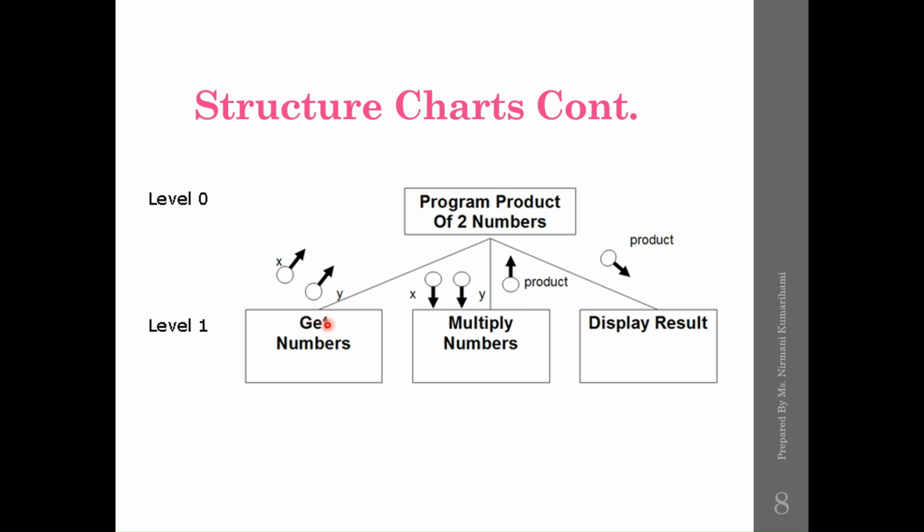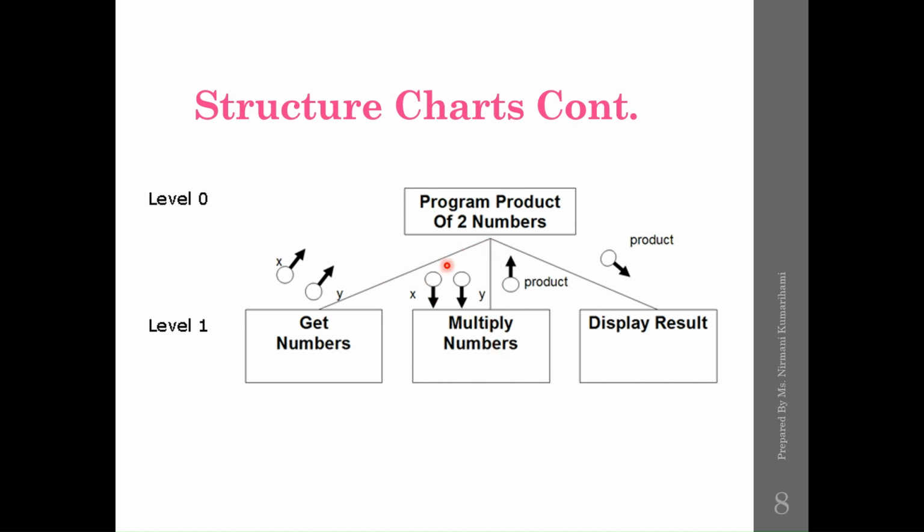Here in get numbers, we take two numbers. To represent that the two numbers are taken from this get numbers module, we use two arrows. Uncolored headed arrows will be used, and you can name them number 1, number 2, x, y, like that. Then these two numbers will be sent to the multiply numbers module.